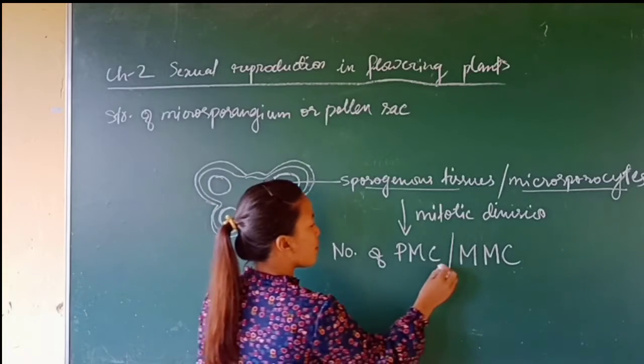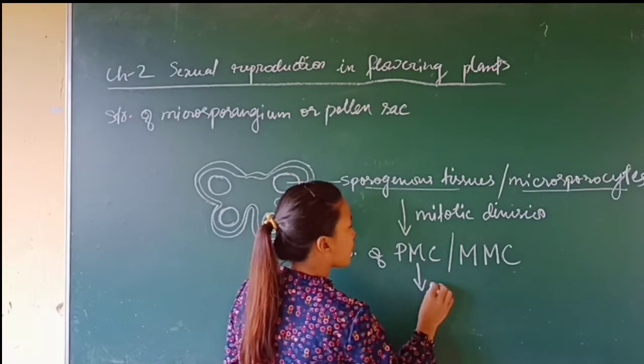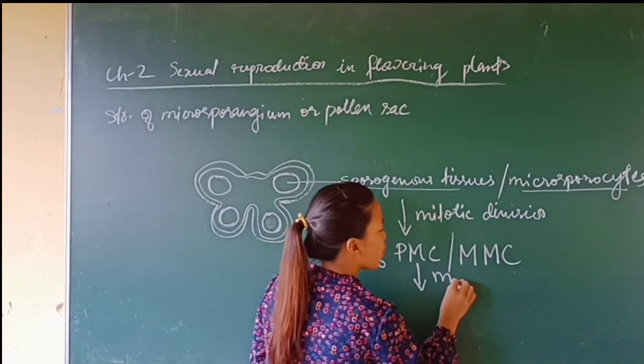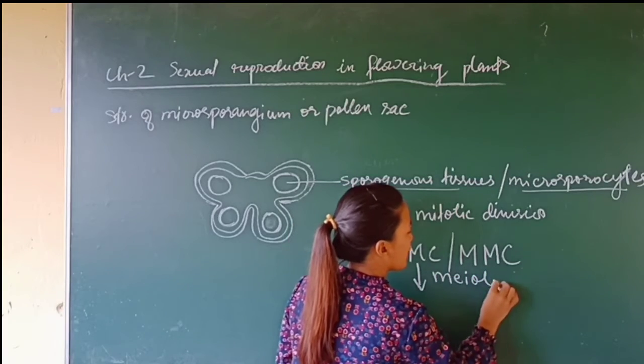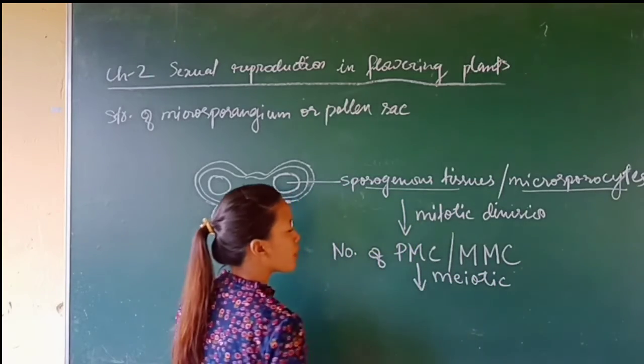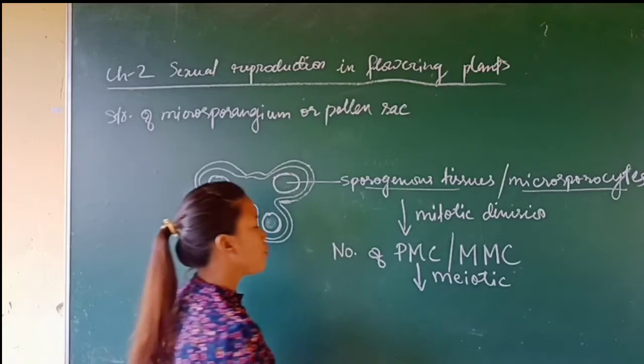Later on, these pollen mother cells undergo another division, that is meiotic division. So through meiosis they give rise to microspores.